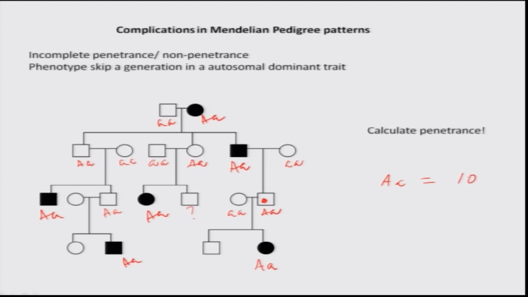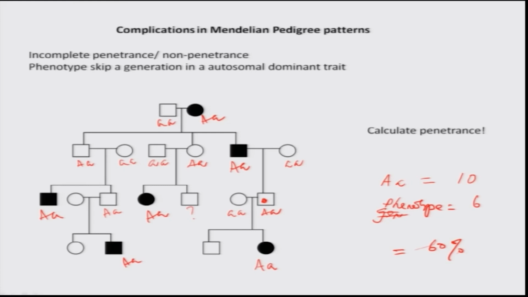Minimum is 10. How many of them show the phenotype? 1, 2, 3, 4, 5, 6. So, the penetrance is 60%. So, this is how you arrive at the calculation.